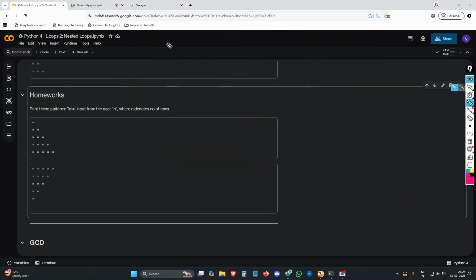Now we have done these two patterns, right? This one and its mirror. What if I want this?